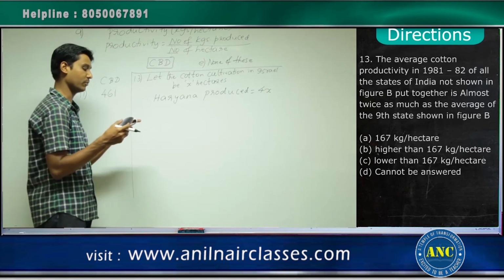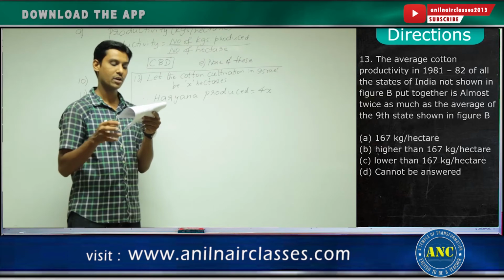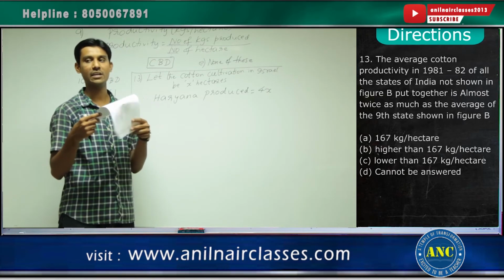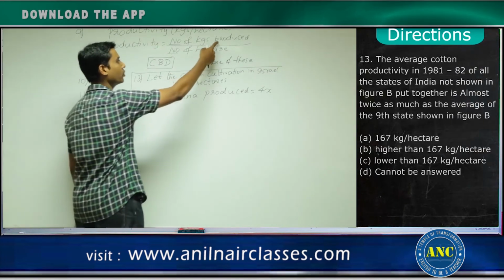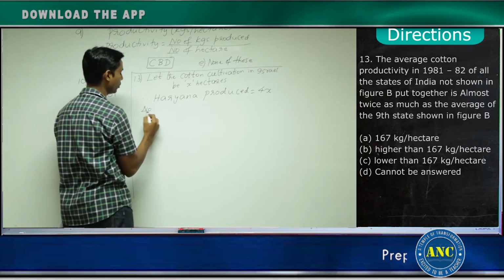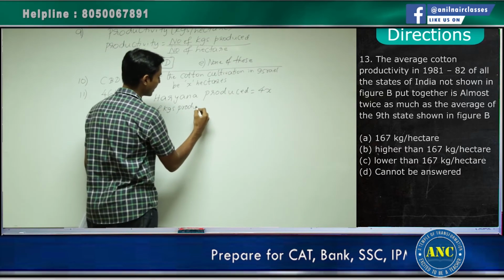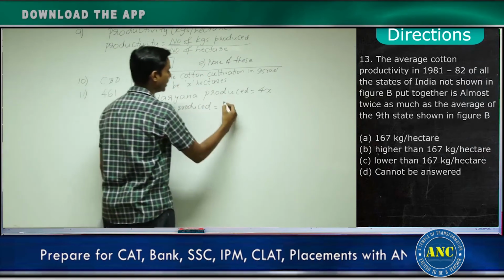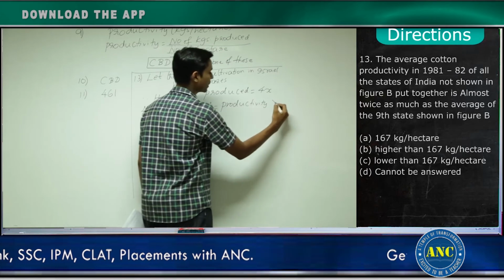Now see here. If you observe, we may conclude which of the following in the question. There are 3 statements. First statement: Haryana produced more cotton than Israel in 1981-82. Haryana produced more cotton. What is produced? Number of kgs produced. Can I write number of kgs produced is equal to productivity into number of hectares?